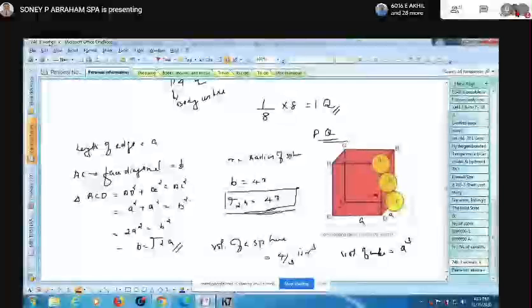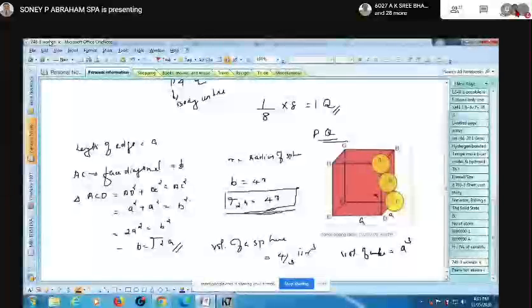Now you can relate R and A. What is the relationship between R and A? Root 2A is equal to 4R. So what is R?